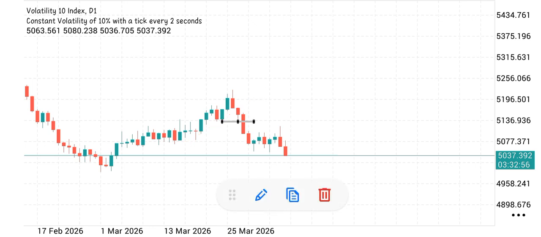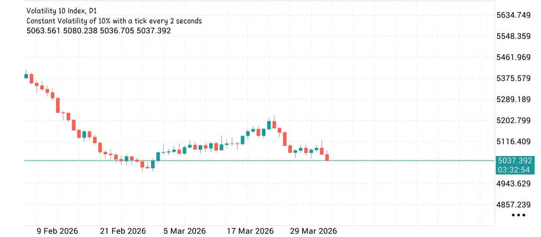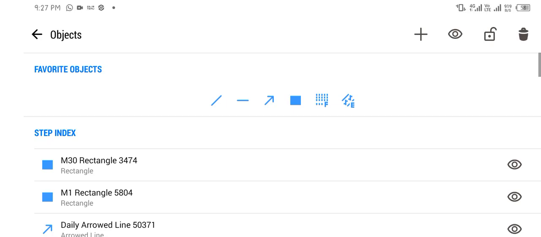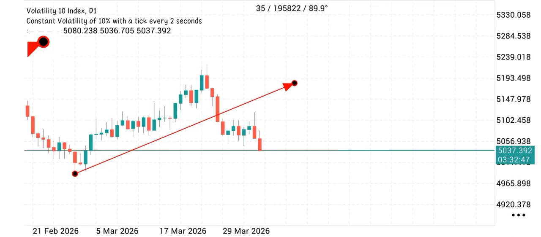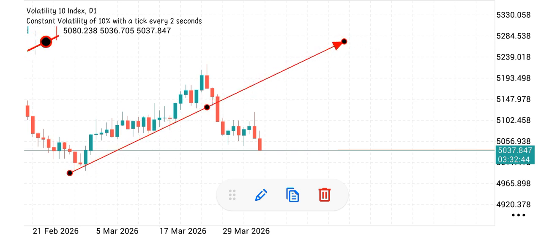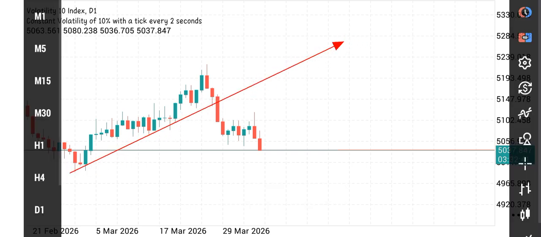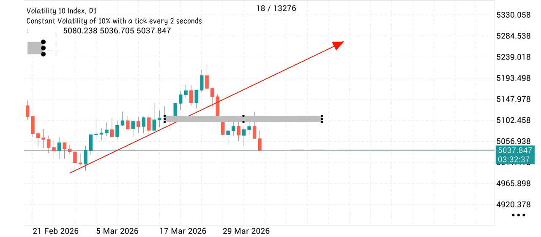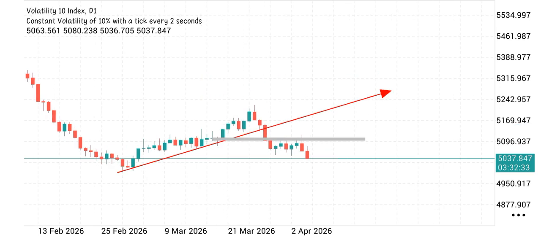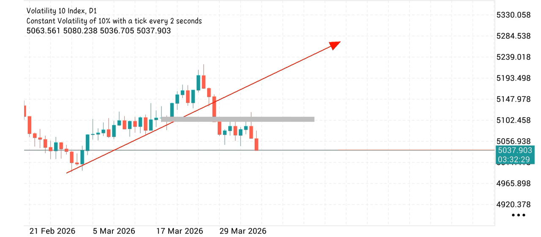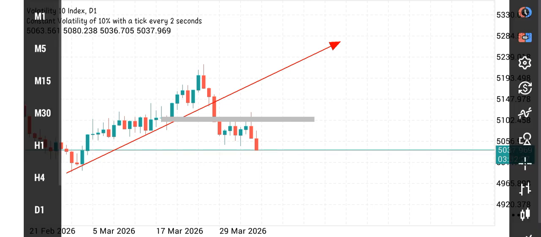Now remember, we're just focusing on the daily time frame alone, just for intraday trading. Pick your trend line. So we had these touches. Then you will find out that we had levels here also, but the market came back to retest. Since then we've been very bearish on volatility 10. So go to the 4 hours time frame.